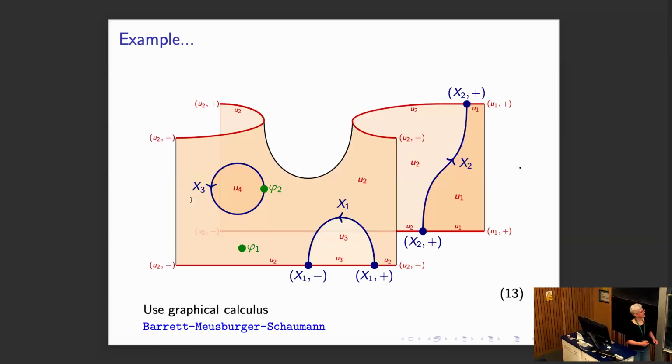Okay, now that we also have this defect data, we can evaluate stratified Bordisms. So anything like this can be turned into a completely explicit formula in the target category. Basically there's a graphical calculus developed by these people that we can now apply, and it allows us to read, for example, this piece from bottom to top.